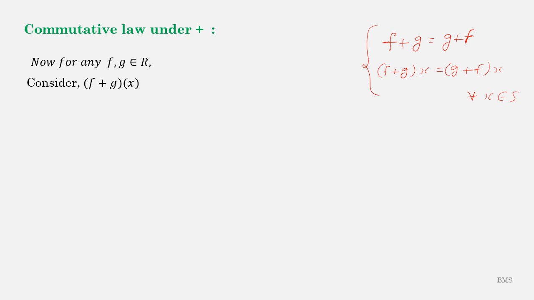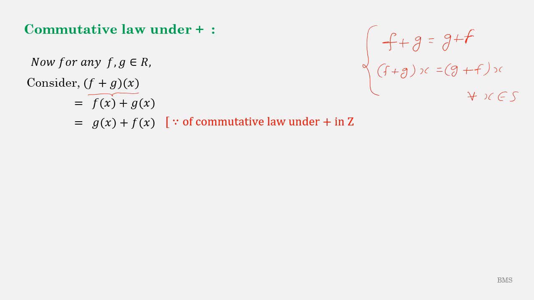For that, I have considered (f plus g)(x). That is equal to f(x) plus g(x), by the definition of plus. And this f(x) and g(x) are integers. Therefore, we have written f(x) plus g(x) as g(x) plus f(x), because commutative law holds in Z under plus. Again, by the definition of plus, that can be written as (g plus f)(x).